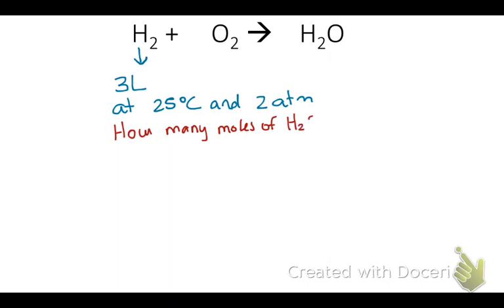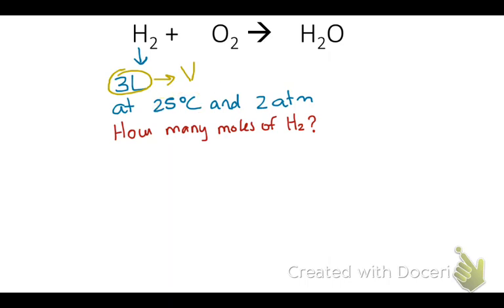Hydrogen has a molar mass of 1.008. Okay. What will you do? Which formula will you use here? How many moles? Okay, what is 3 liters? The volume. We have a volume here. We have 25 Celsius.